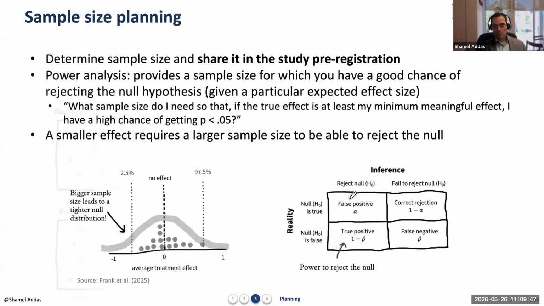Okay. So sample size planning is also very important. What is the proper sample size? One thing that I like to advise and follow myself is to share your sample size in the study pre-registration. I'll talk about pre-registration. I think it's extremely important, especially if you're doing a confirmatory study.